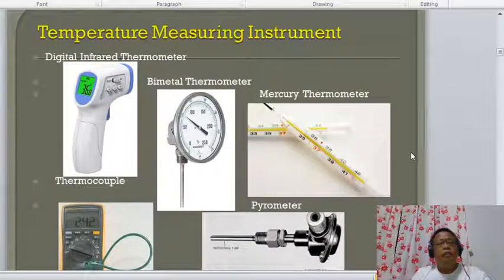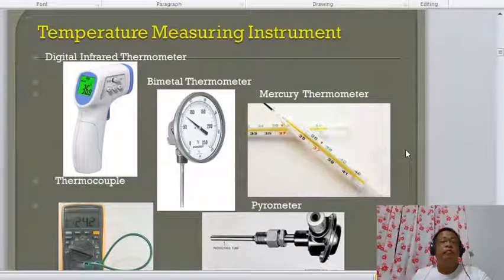Okay. So we go to the temperature measuring instruments. How are we going to measure the temperature? For the human body, we use the thermometer, of course, to determine the normal temperature of the body.